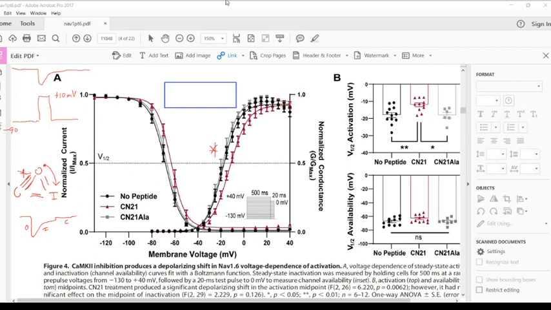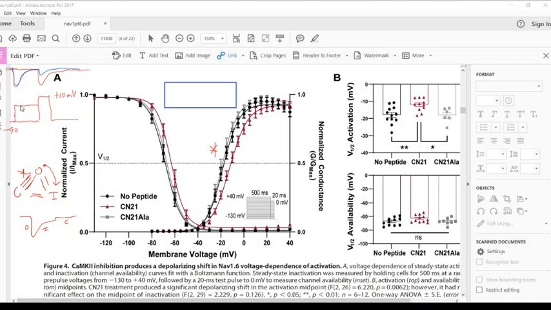But here's the trick. To get them to inactivate, you precede it by a long pulse that itself will evoke an inward current. And then when you go to this step here, you're going to get a much smaller response because some of these are still in the inactivated state.